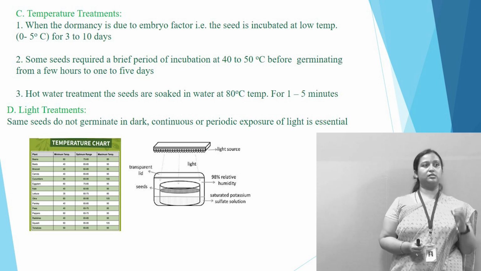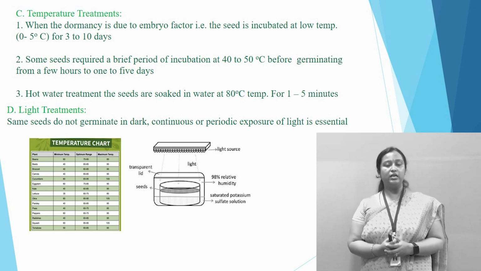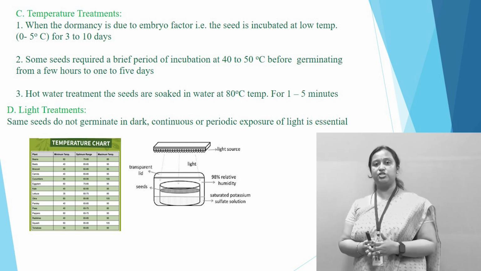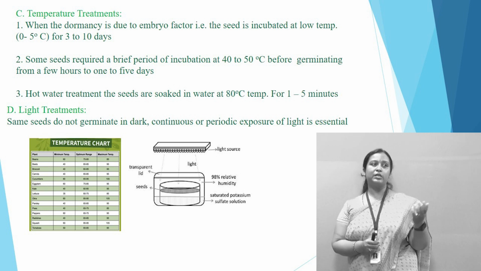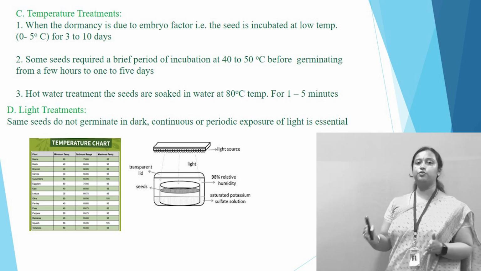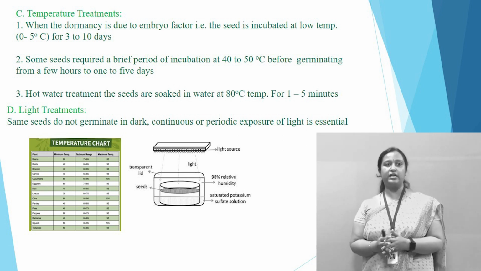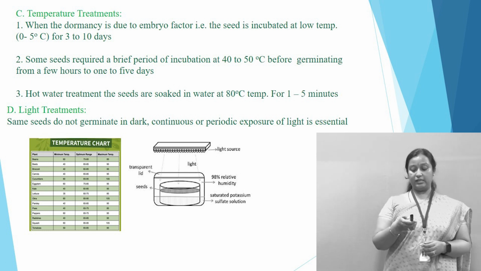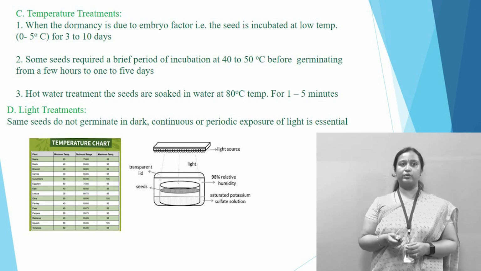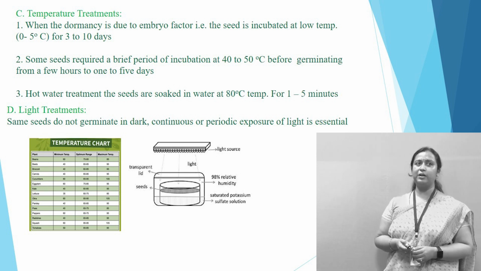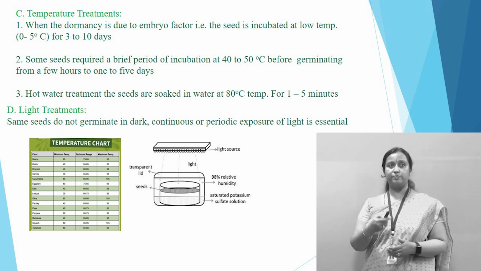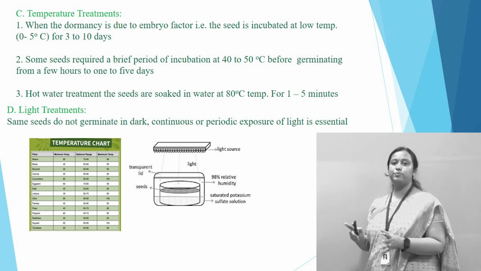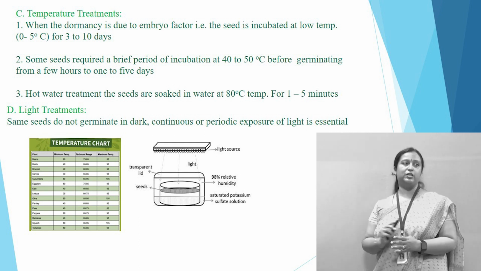In these cases, low or high temperatures for a certain period of time will be essential for breaking the dormancy. For example, a temperature of 0 to 5 degrees Celsius for 3 to 10 days will initiate the germination process in certain seeds. In this table, you can see that different plants have different minimum, maximum, and optimum temperature ranges. These temperatures have to be met so that the seeds will germinate.